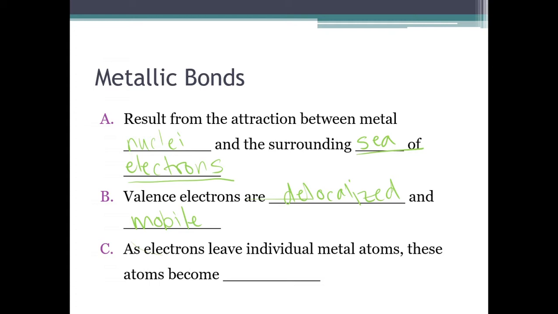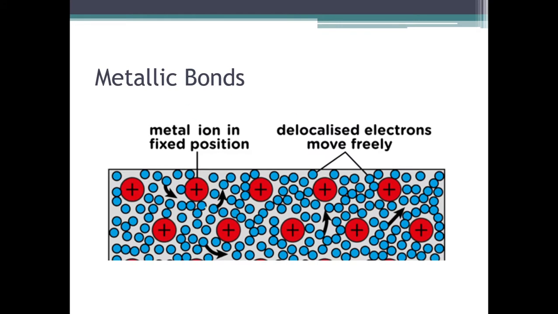So then as an electron leaves a metal atom, that atom ceases to be an atom and instead becomes a positively charged cation. So this is kind of what it looks like. You end up with electrons leaving atoms, so you end up with a metal ion that stays in one place, in a fixed position.